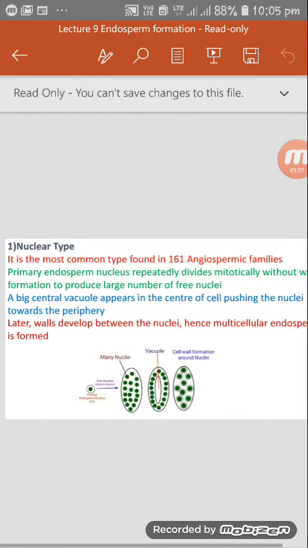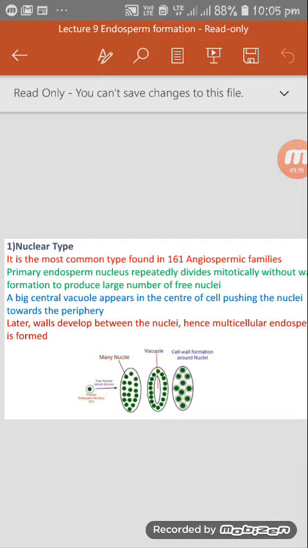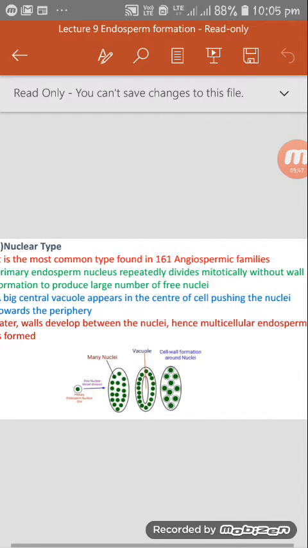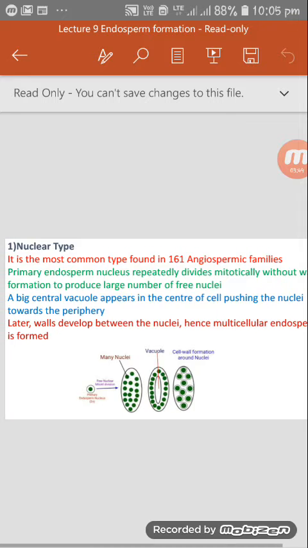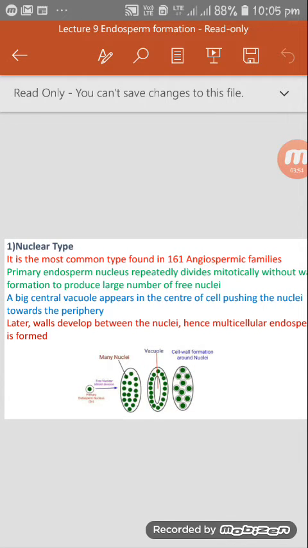161 angiospermic families. The primary endosperm nucleus repeatedly divides mitotically without wall formation to produce a large number of free nuclei. Look at the diagram.